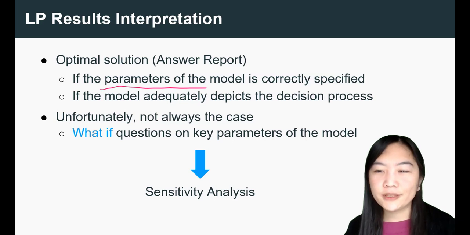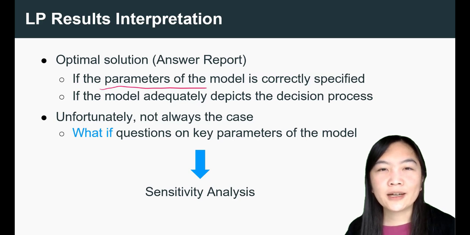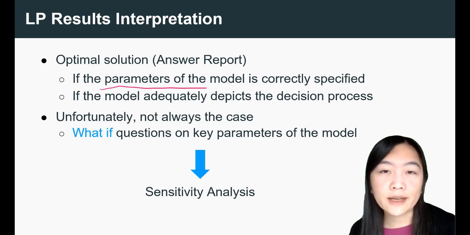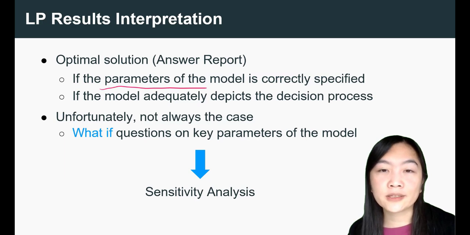For example, in the farm management example, we used the price for corn and the price for soybean, and those two prices are prices that the grower assumed he or she will get when selling the product on the market.